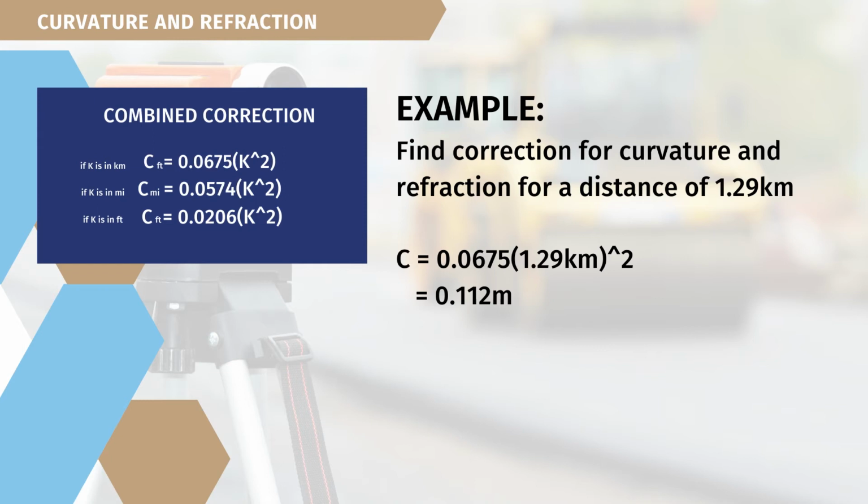For example, we have: find the correction for curvature and refraction for a distance of 1.29 kilometers. So for the formula with K in kilometers, we have C is equal to 0.0675 multiplied by the distance, which is 1.29 kilometers squared. So the answer would be 0.112 meters.